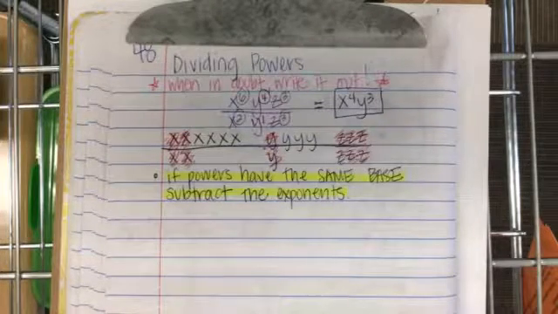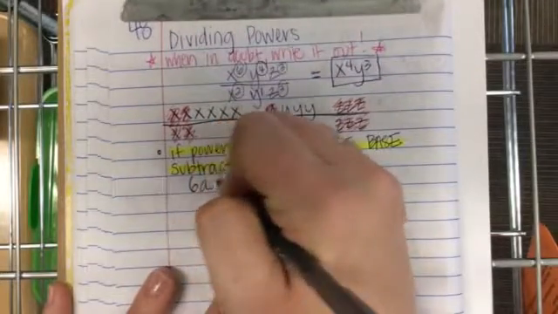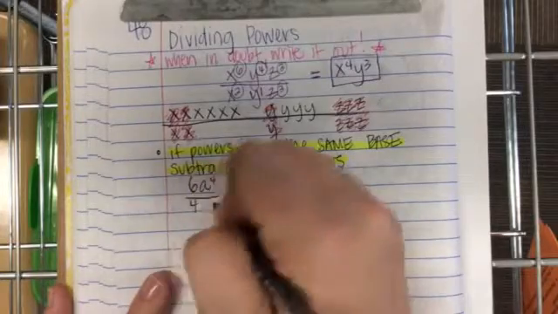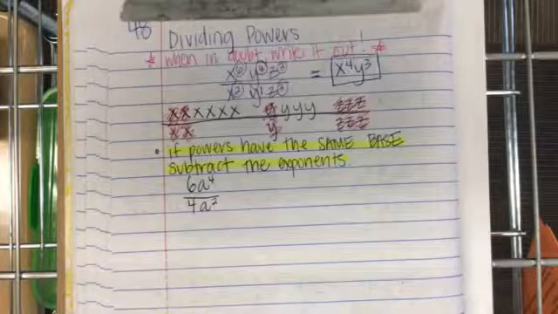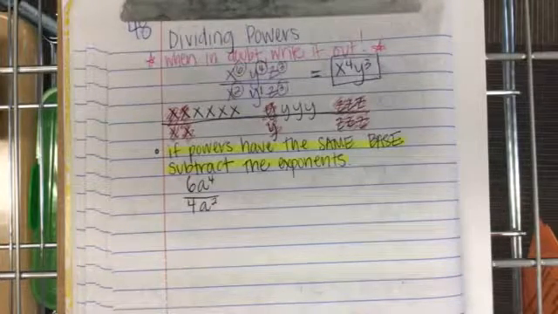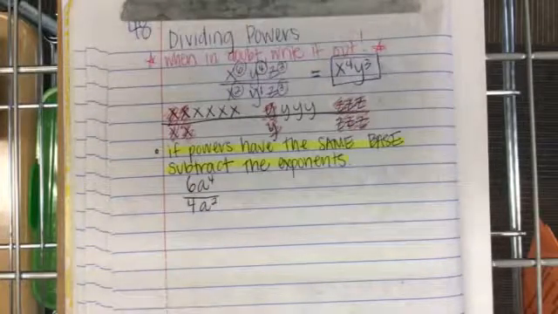All right, so let's try a little bit more, okay? What if you had 6a to the 4th divided by 4a squared? And again, you guys, I get it. You now know the rule. We're still going to write it out for this one example, okay?